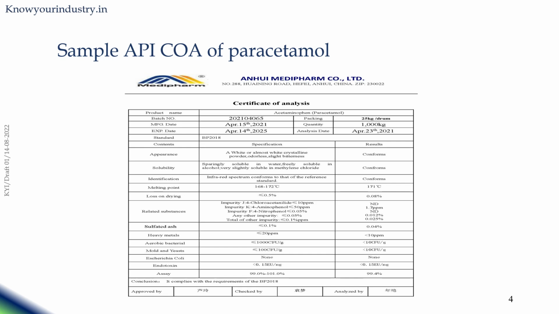We believe this component is being used for parenterals because you could see these components are controlled for microbial attributes, particularly aerobic count, mold and yeast, and endotoxin also. So it is believed this API is being used to prepare a parenteral formulation.